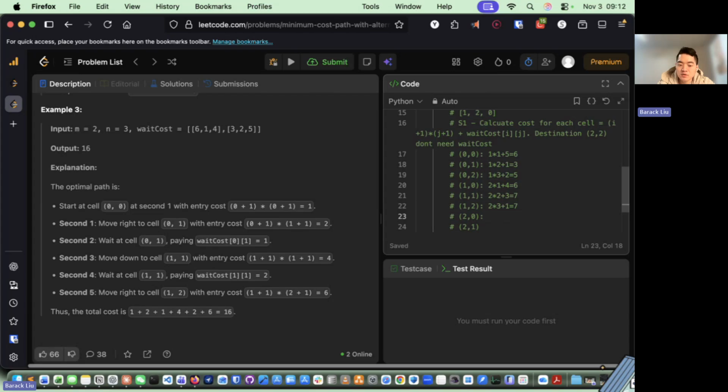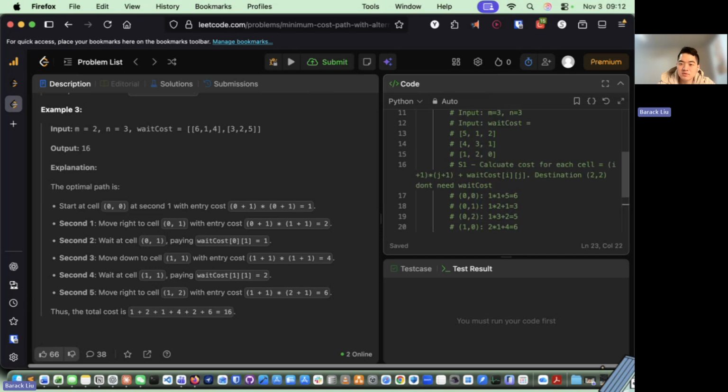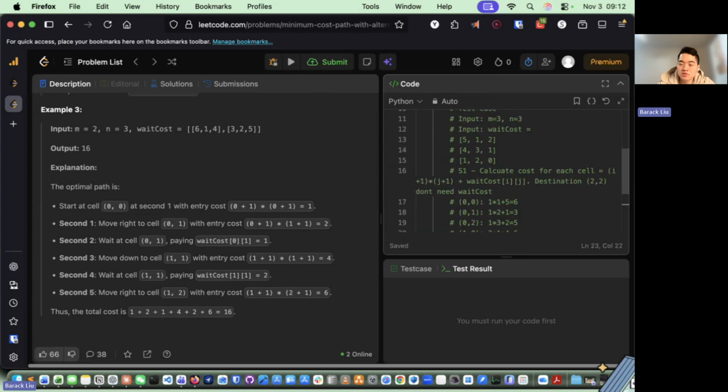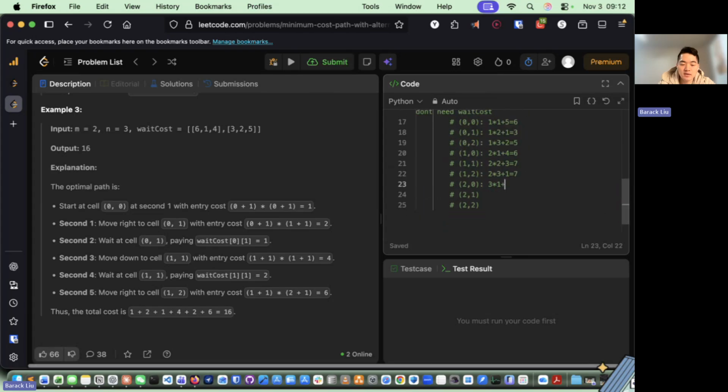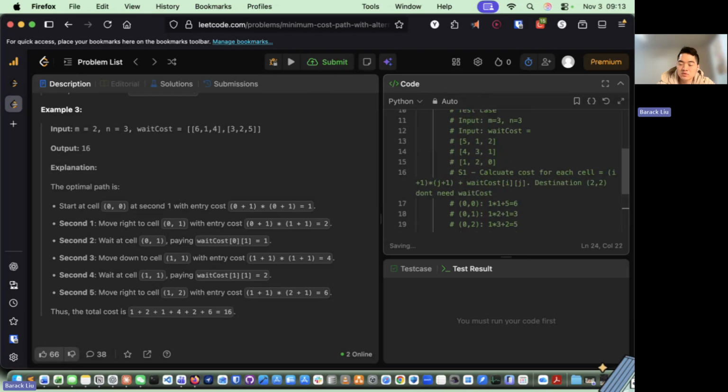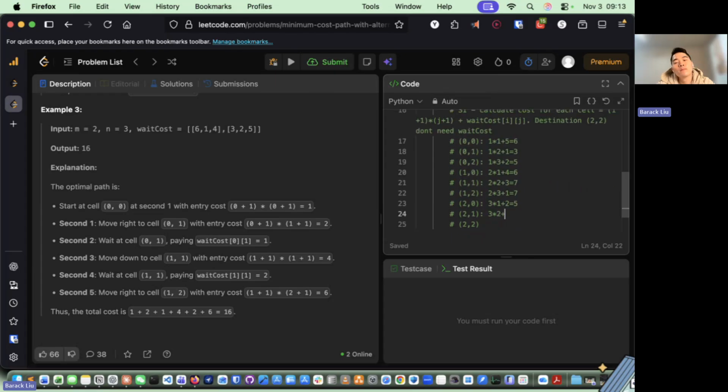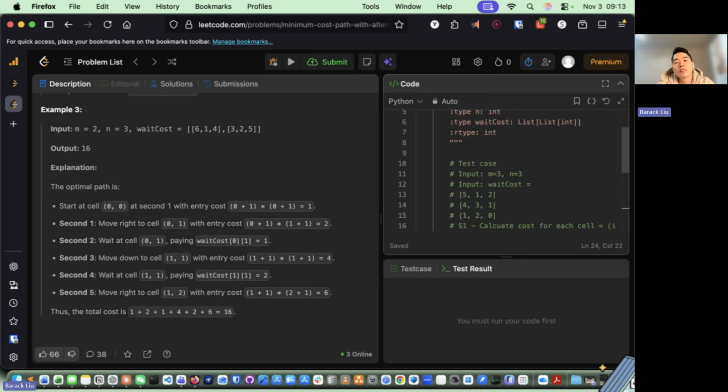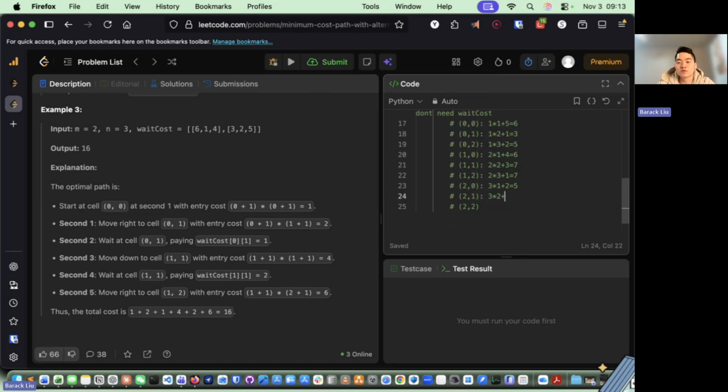This is 3 multiply 1 add 2 is equal to 5. 3 multiply 2 plus, oh no, this should be 1.